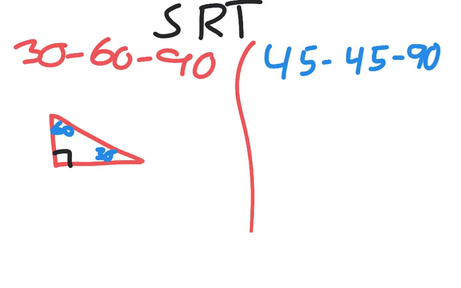For a 30, 60, 90, across from the 30-degree angle is always a side with a value of 1. Across from the 60-degree angle is always a side with a value of radical 3. And across from the 90-degree angle is a side with a value of 2. So 30, 60, 90 has 1, radical 3, and 2 as its side lengths.